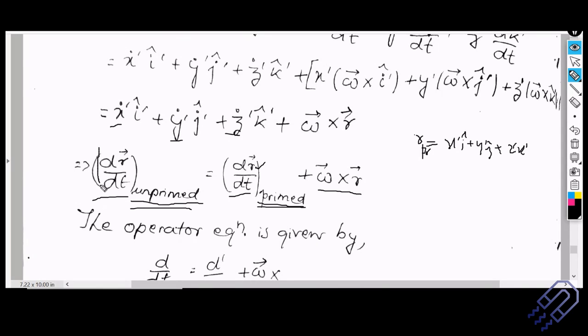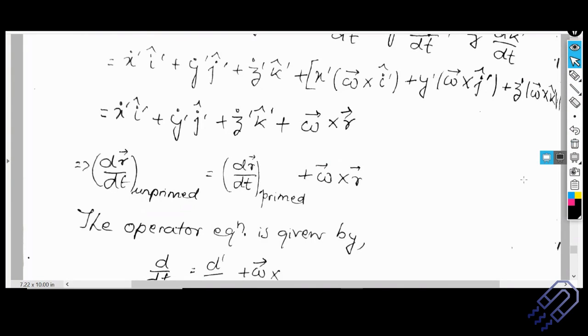The operator is this d by dt on the left hand side, and on the right hand side it is again d by dt plus omega cross. This is the operator that we are actually going to use to transfer from one set of coordinates to another set of coordinates. So please understand the idea of operators here that we are going to use.